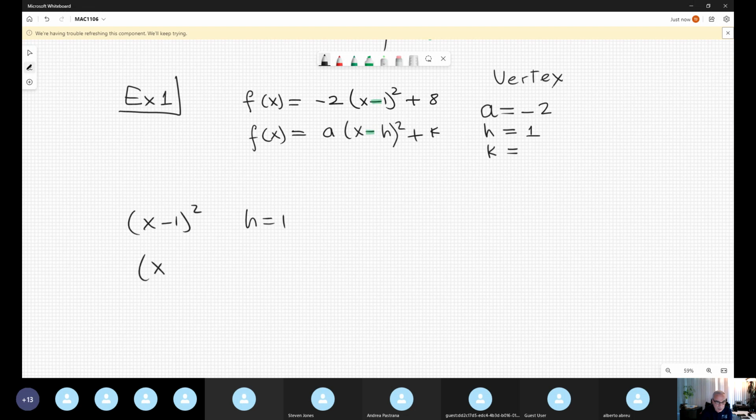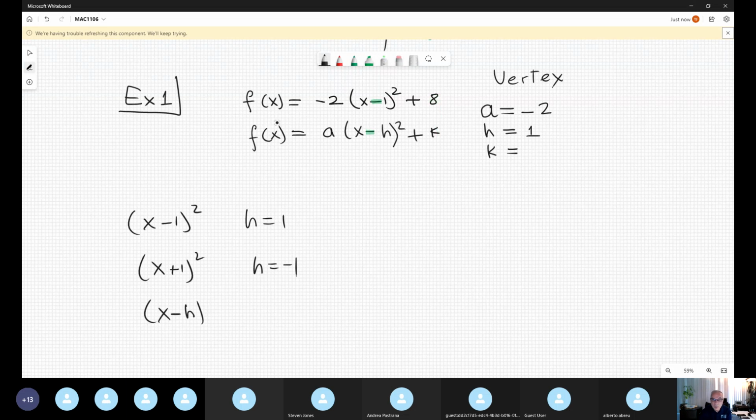However, if you see x plus 1 squared, h is negative 1. Why? Because the original equation contains one negative. When you see positive, it's because we have a double negative. Negative of the h and negative of the equation together become positive. So the opposite sign in h. However, in k, no. In k it is the same because it's plus here. Makes sense or no?